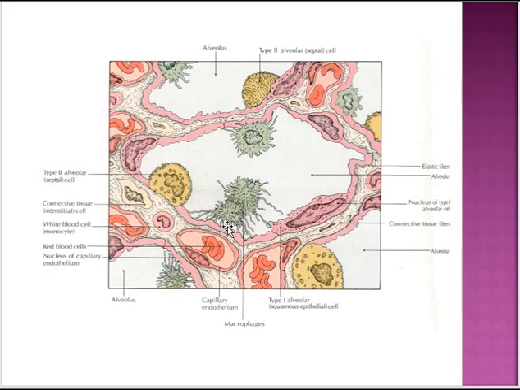Adjacent type 1 pneumocytes form occluding junctions with each other to avoid the entry of extracellular fluid into the surrounding tissues. Then also they will provide exchange of gases.